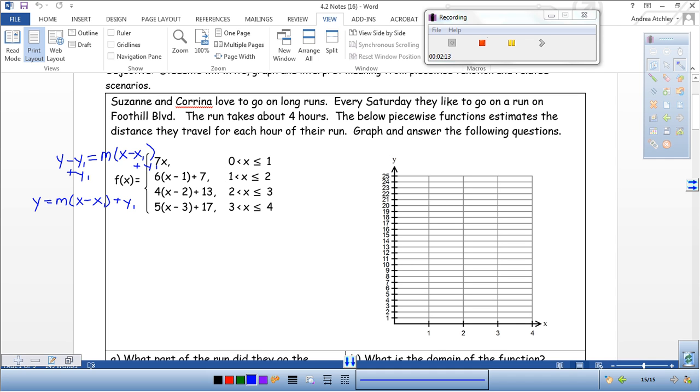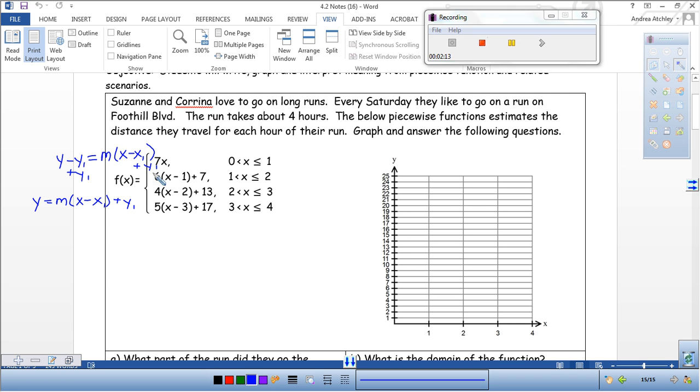Okay, so once again, we said that rate of change, or the rate at which they're running, is the same as the slope. So all I'm asking you really to do is just identify the slope. So in that first one, Evan, what is the slope of this first equation? 7.